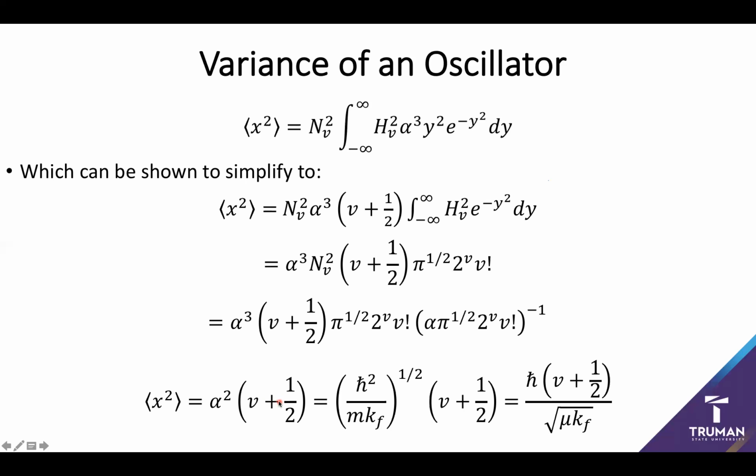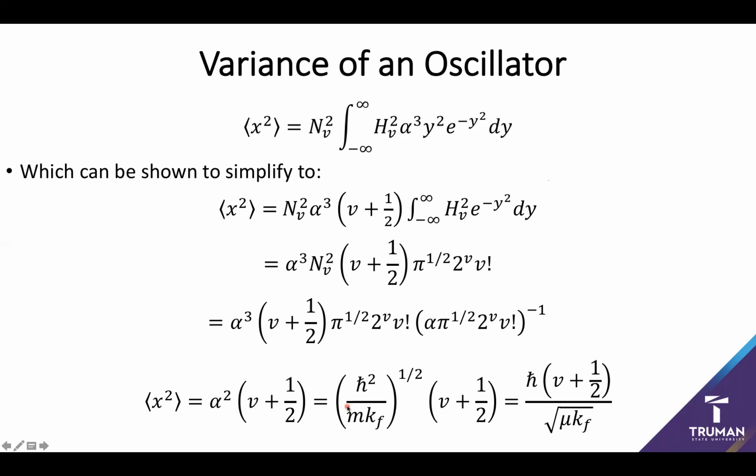And then we have to remind ourselves of what our alpha value was. So our alpha value was related to the quartic root of h bar squared over mf. So by squaring the function, I'm going to essentially reduce it to the square root of this value.